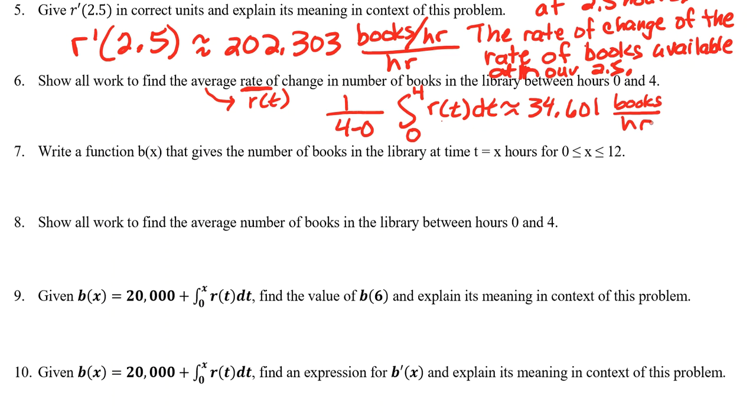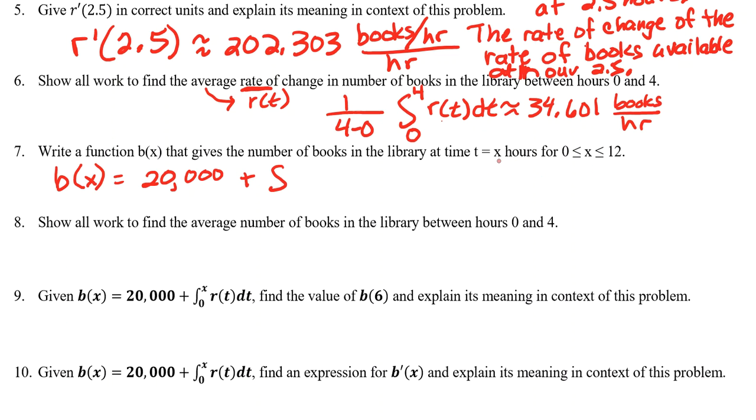So that's the average rate at which the number of available books in the library over the first 4 hours. So that's the average of that rate. All right, in question 7, write a new function b of x that gives the number of books in the library. Well, that's similar to one we did up above. So we have to take our initial number of books in the library, and then we would have to add on our net change.